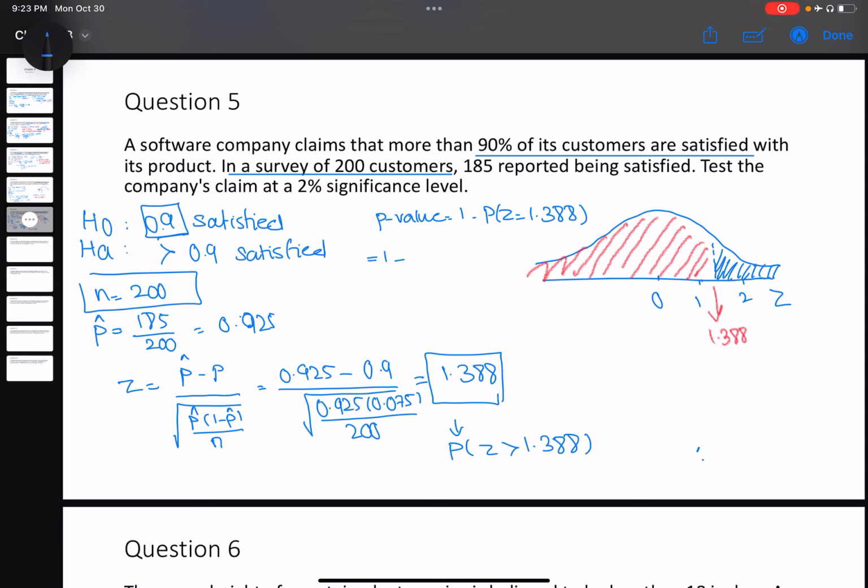We can go to the table and get the probability at this Z, which is 0.962. So 1 minus 0.962 equals 0.0838.